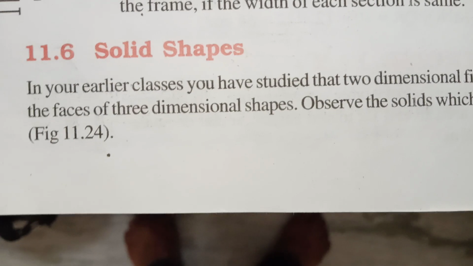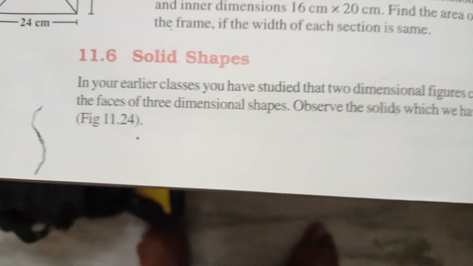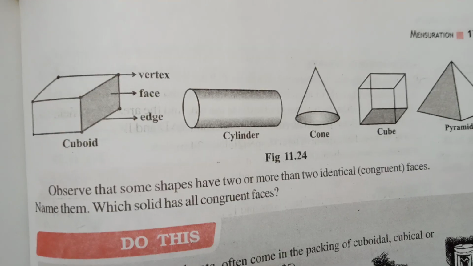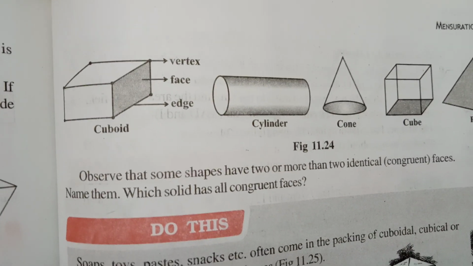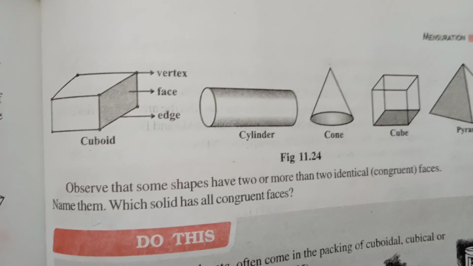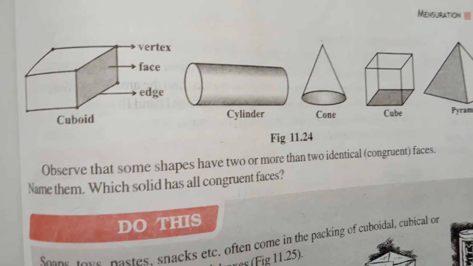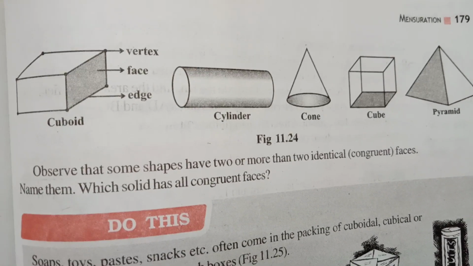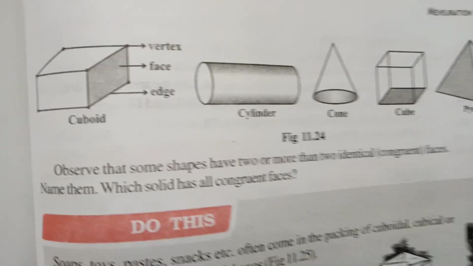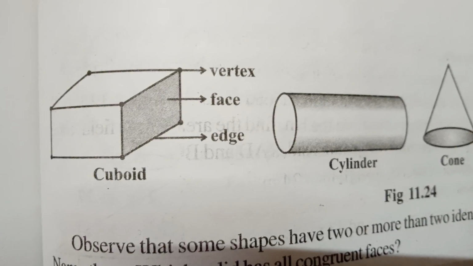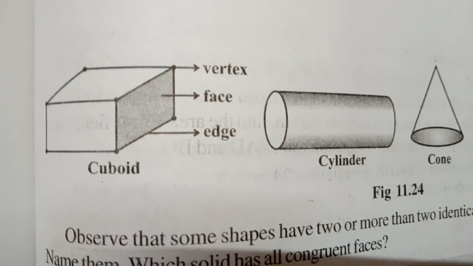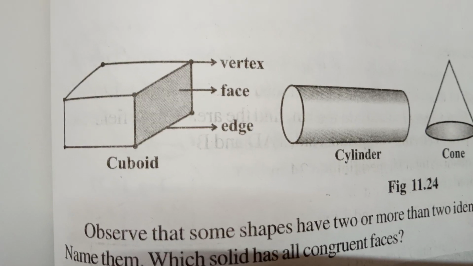So today we are going to discuss solid shapes. In the earlier classes we discussed two-dimensional shapes. Now we are observing some solid shapes: cuboid, cylinder, cone, cube and pyramid. See that cuboid, what we call a face, and which we call an edge and vertex.